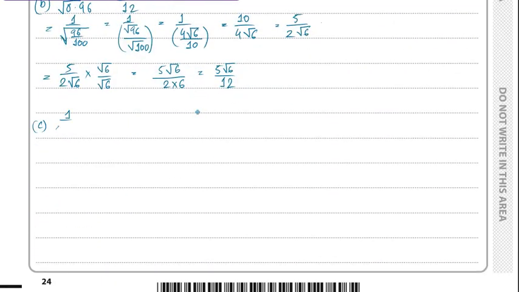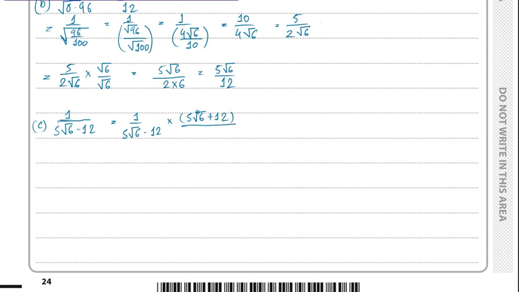So it will be 1 by 5 root 6 minus 12. But here we also have a minus, so we can't just rationalize it in the same way we did in part B. We'll write the same thing here, 5 root 6, and here it was minus 12, so this would be plus 12.